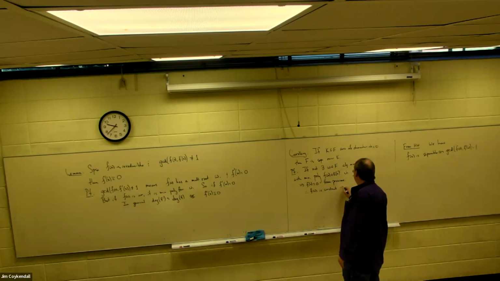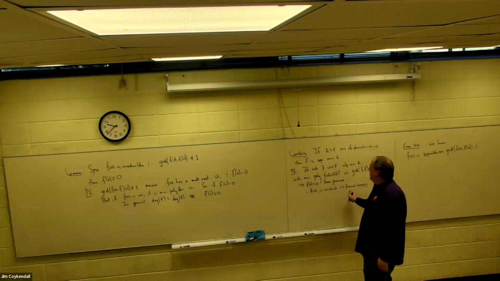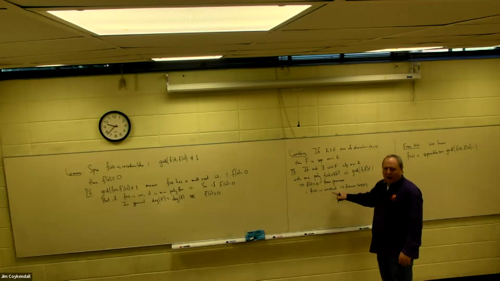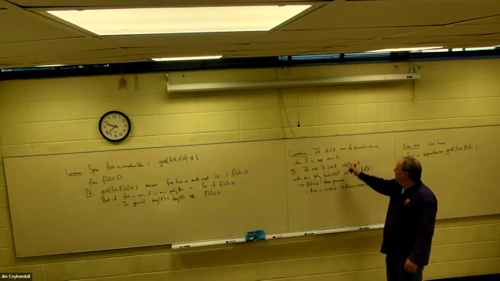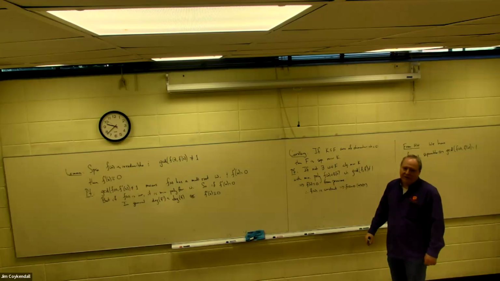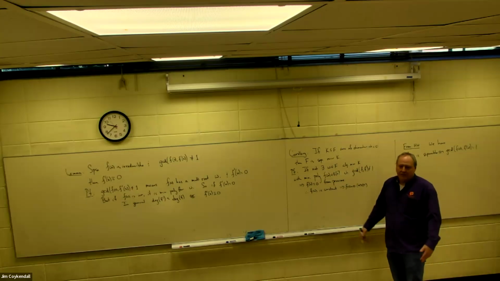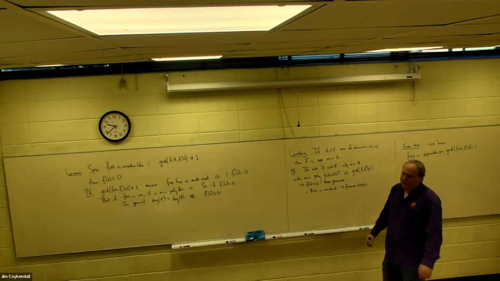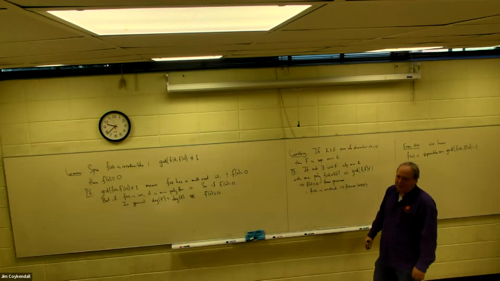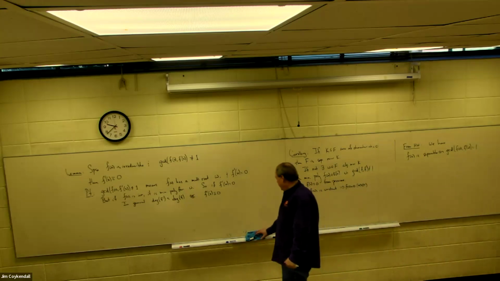Which implies f of x is 0, which is a contradiction. Because why does it have to be 0? Well, I know it's going to be constant. And if it's got a root, the only constant polynomial that has a root is the 0 polynomial, but that contradicts the irreducibility of f, right? So characteristic 0 can't happen. Everything's separable, right?